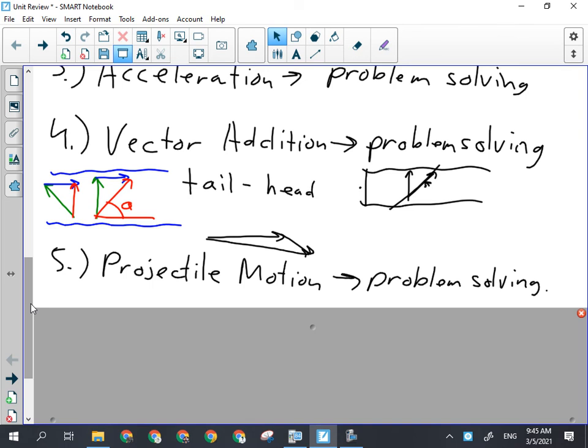So, as I said, you have a horizontally projected projectile, an angled projectile, your boat question, acceleration problem, graphing question, vector addition problem, and graphing question.